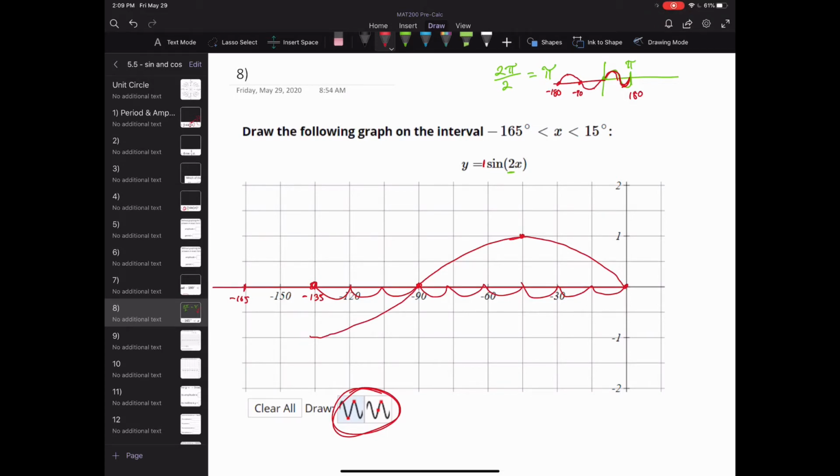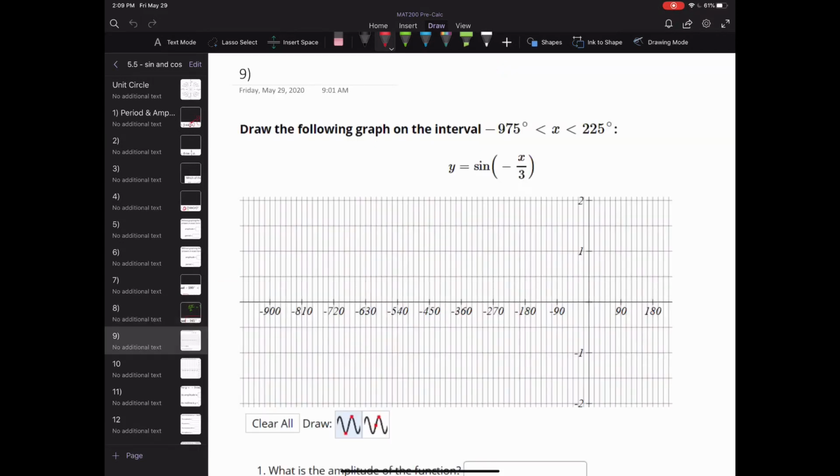And then remember, 180 is like somewhere there, so it's going to kind of go like that. All right, and since we want it between this interval, we're going to stop it right there. So that's what that graph would look like. But remember, I gave you quite a few points to choose from. All you have to do is just choose the 2 right points, and the computer would automatically graph the rest.